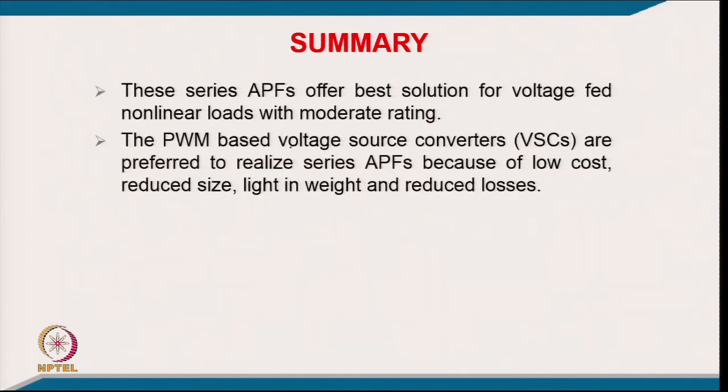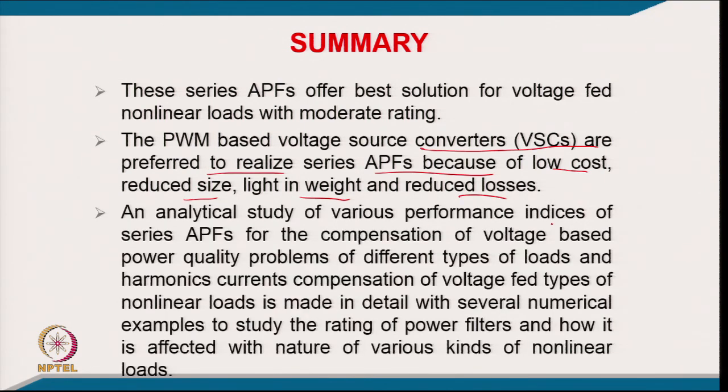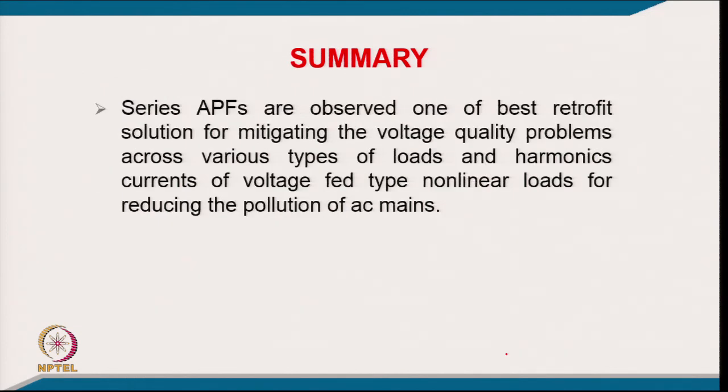The pulse-width-modulated voltage source converters are preferred to realize the series active power filter because of low cost, reduced size, light weight, and reduced losses. An analytical study of various performance indices of series active filters for compensation of voltage-based power quality problems of different types of load and the harmonic current compensation of voltage-fed kind of load is made in detail, with several numerical examples to study the rating of power filters and how it affects the nature of various kinds of non-linear load.